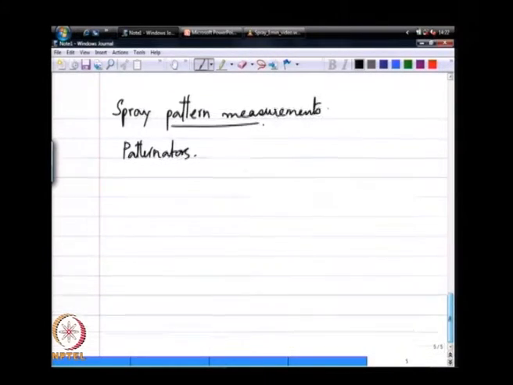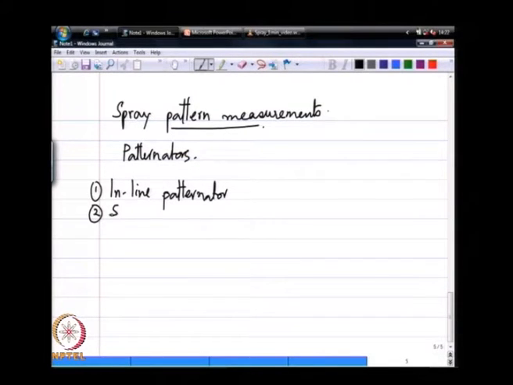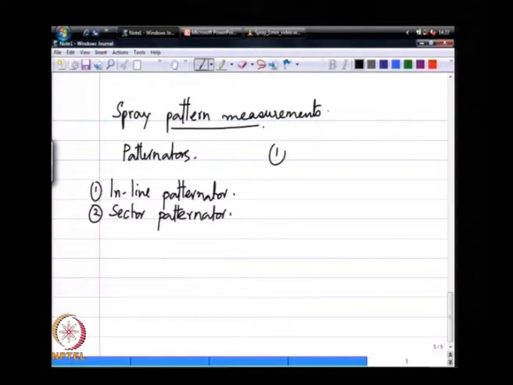There are two kinds of patternators. One is called an inline patternator, and the other is called a sector patternator. We will look at the inline patternator first.